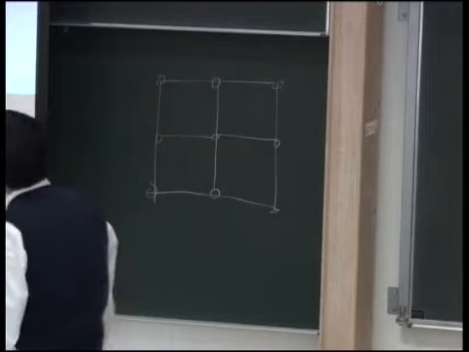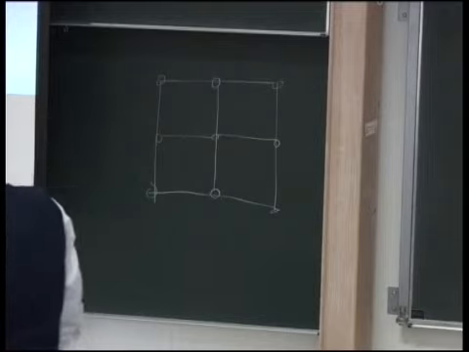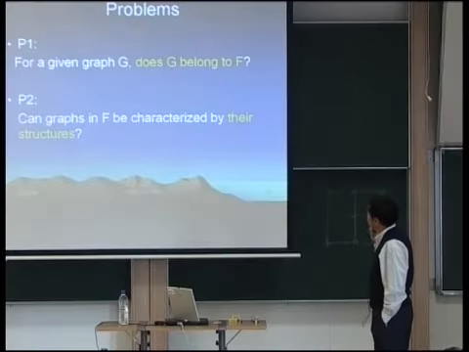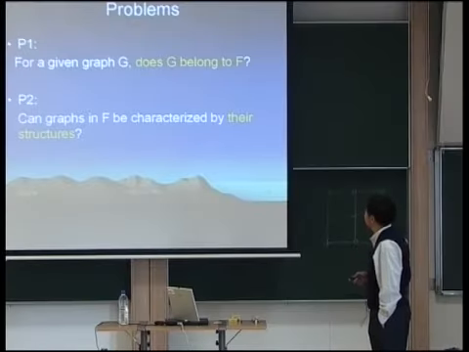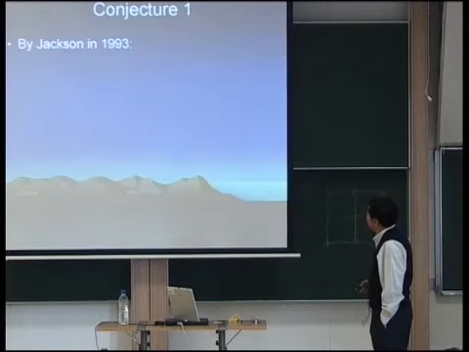So for some graphs, I am able to tell whether the graph is in F or not in F just from the structure. And there are two famous conjectures about this problem.